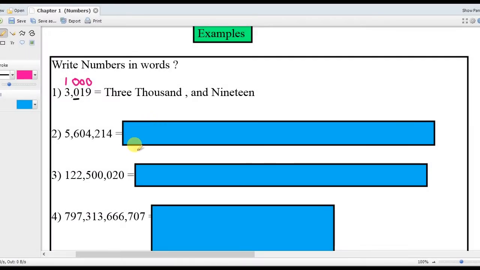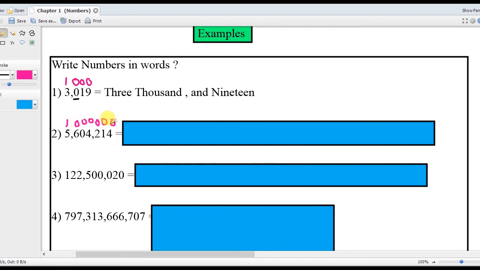Okay, now solve the second question quickly. Let's start from here. Start putting the number of zeros above the digits. 0, 0, 0 and 0. And the last digit should be your 1, right? Now see, how many zeros are there?